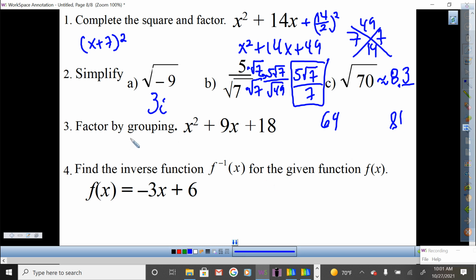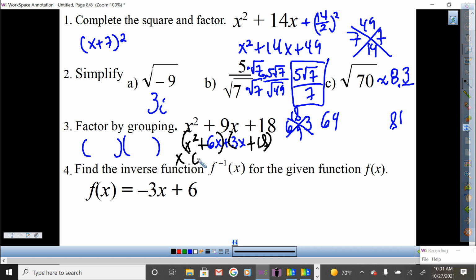Factors. Juliana. What? Help her out, Miguel. Oh my goodness. 6 times 3 is 18, 6 plus 3 is 9, so this 9 becomes 6x plus 3x, and I bring down the x squared and the plus 18, group.